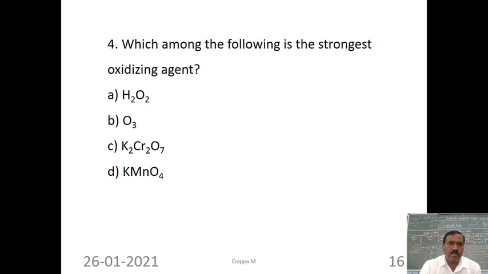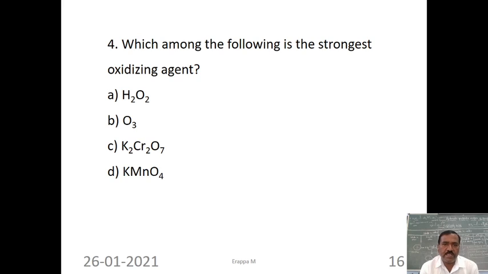Number 4: which among the following is the strongest oxidizing agent? This is a general question taken in this last session. A is hydrogen peroxide, B is ozone, C is potassium dichromate, D is potassium permanganate.